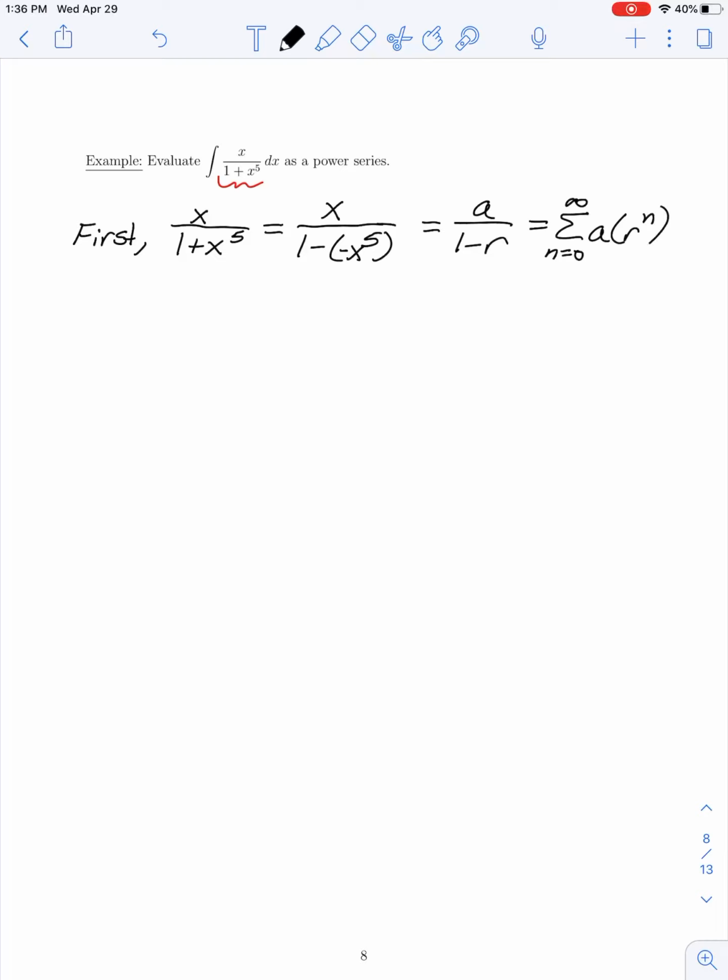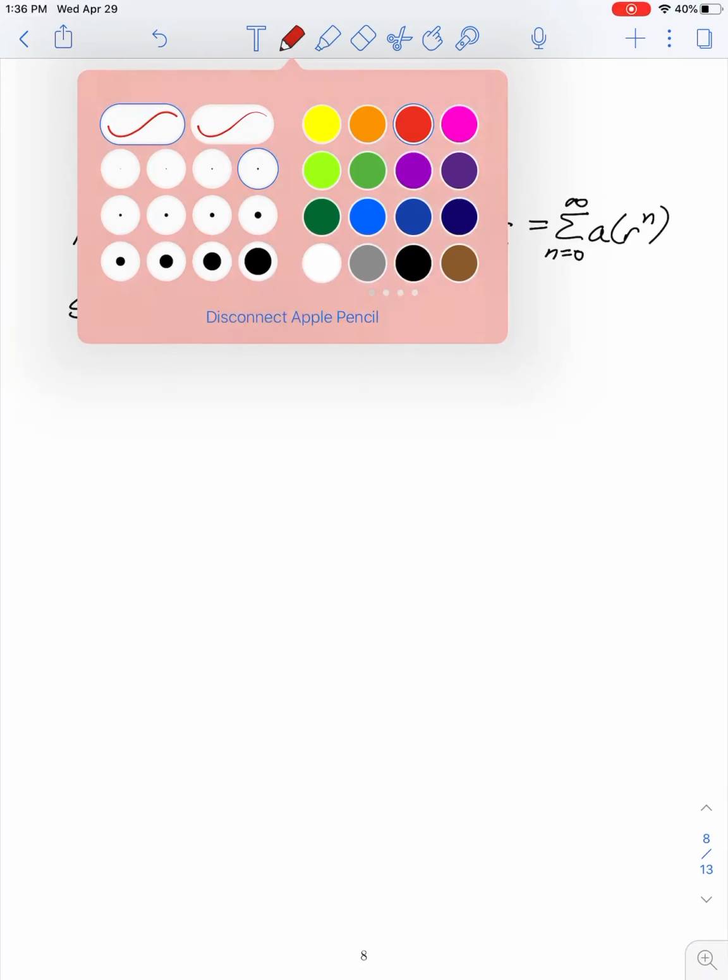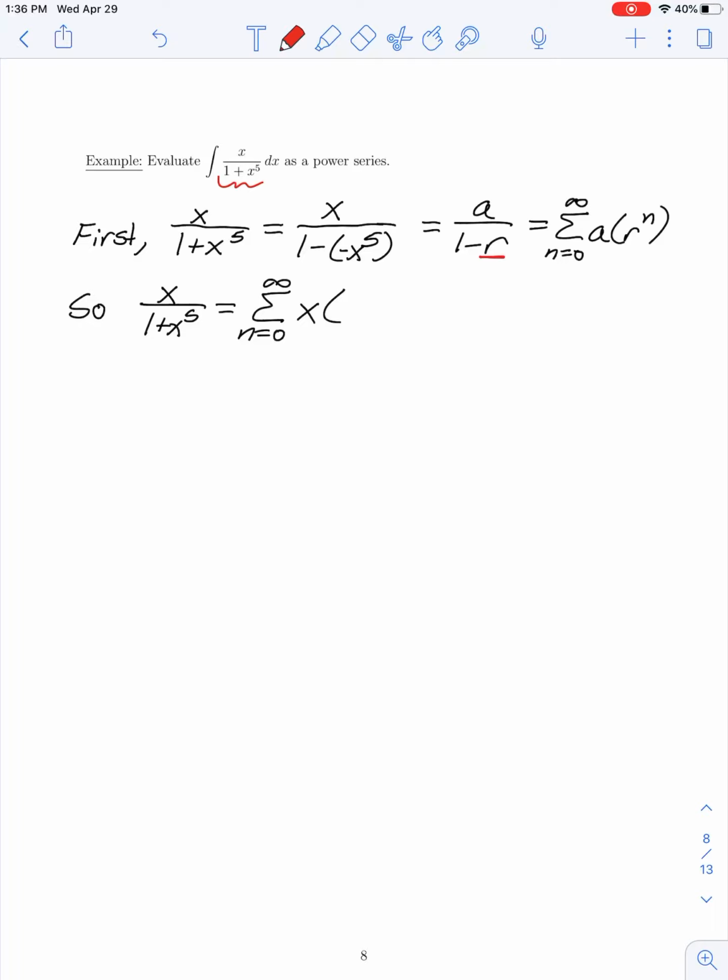So I can rewrite my integrand, that is x over 1 plus x to the fifth, as a geometric series, the sum from 0 to infinity of a, which was our numerator, in this case x, times r. So here we have 1 minus r.